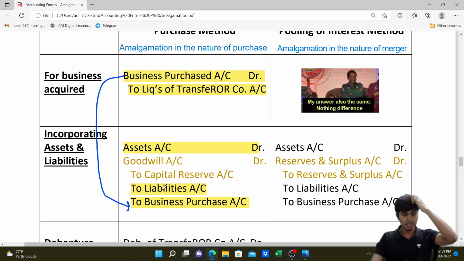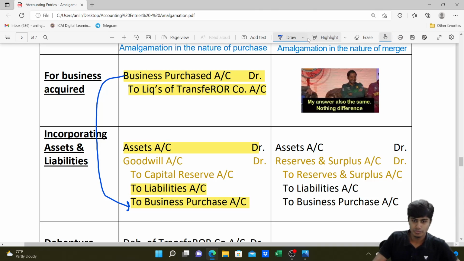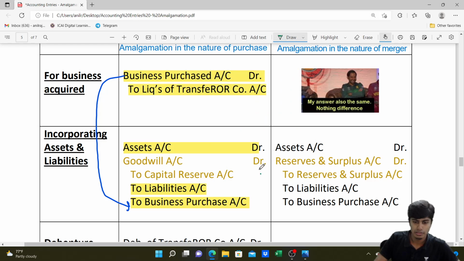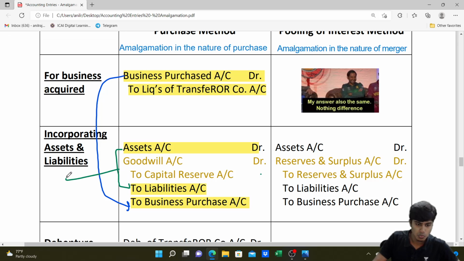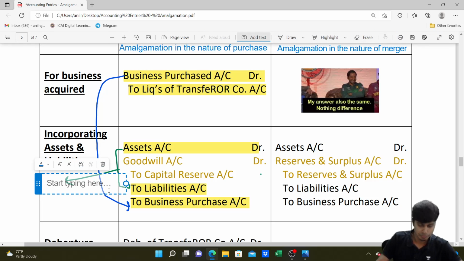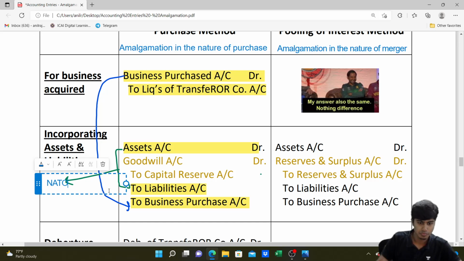This assets minus liabilities, whatever is there here, this is NATO. Net assets taken over. It is NATO.